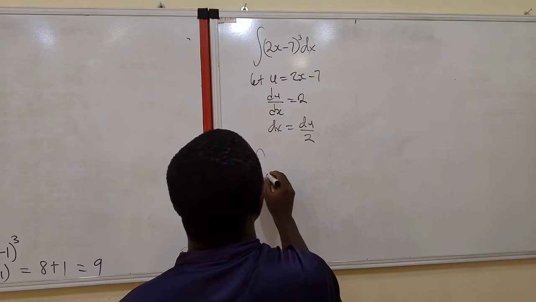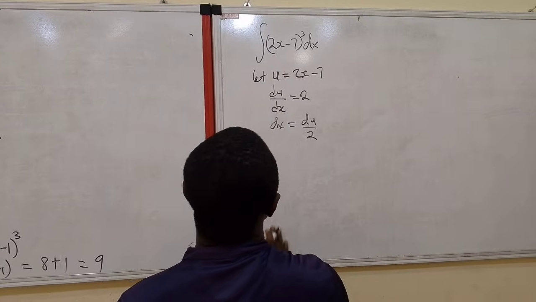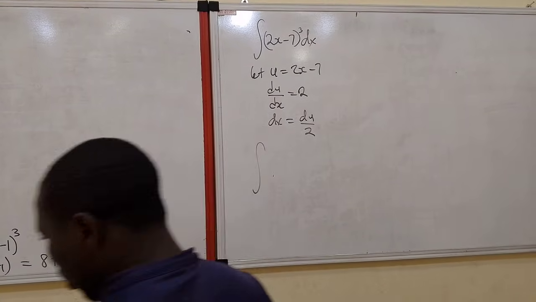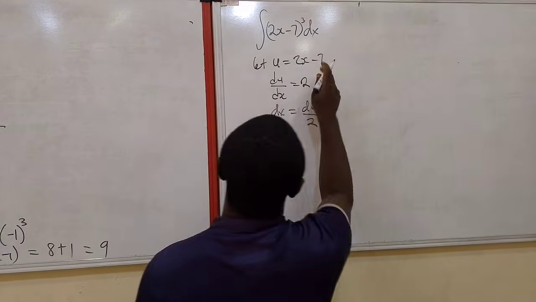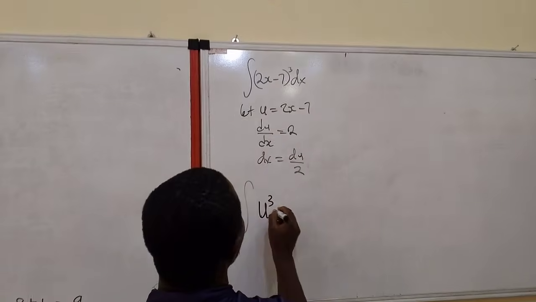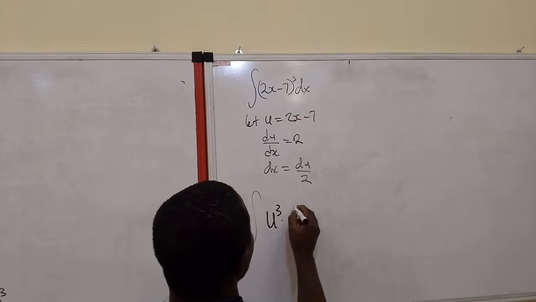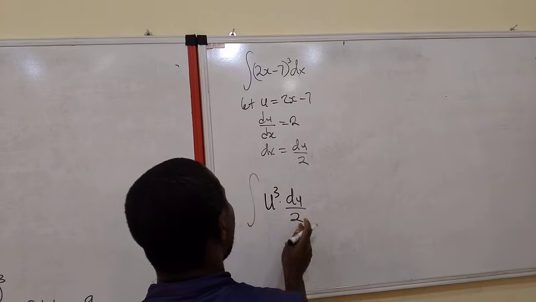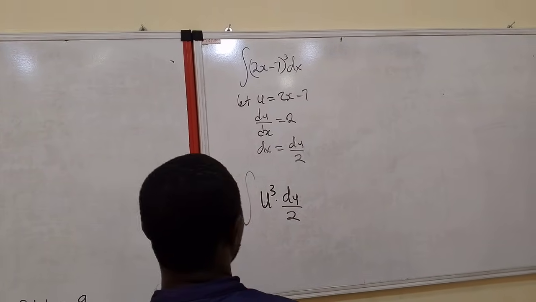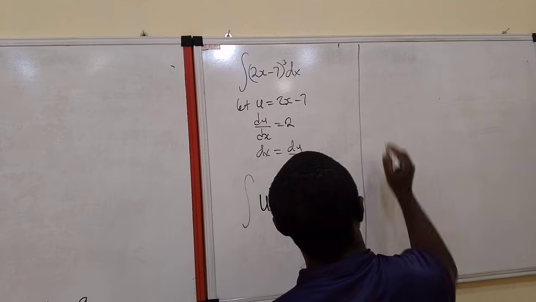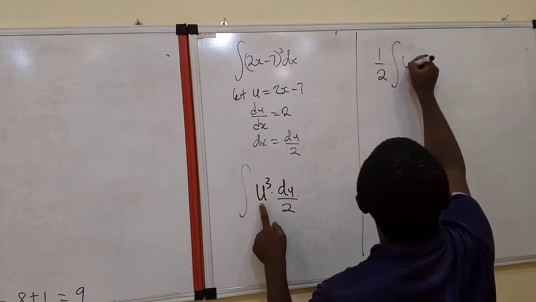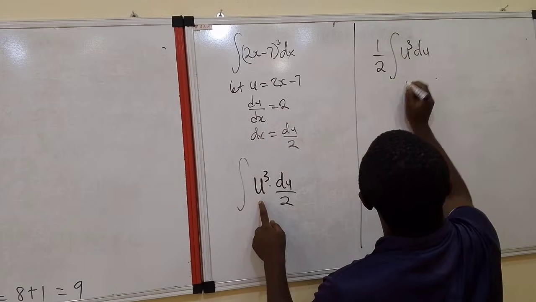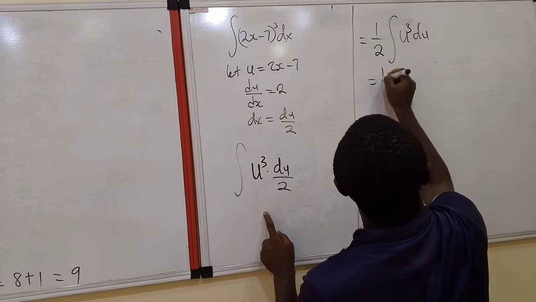So the integral now becomes the integral of u raised to the power of 3, with dx being du over 2. Carry the 2 outside the integral. What I have left is 1 over 2 times the integral of u raised by 3 du.